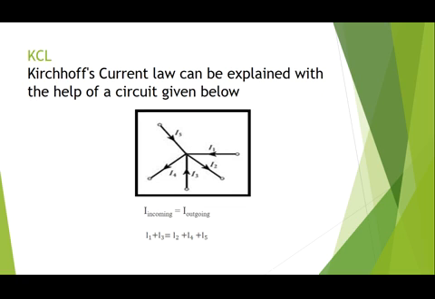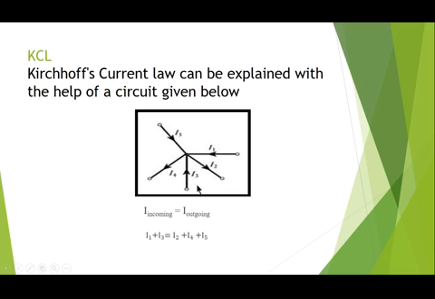Now we are going to see Kirchhoff's current law and Kirchhoff's voltage law briefly with the help of a circuit. Here we can see a circuit with 5 branches meeting at a point O. The currents flowing through the branches are I1, I2, I3, I4 and I5. We are going to apply KCL to that circuit.